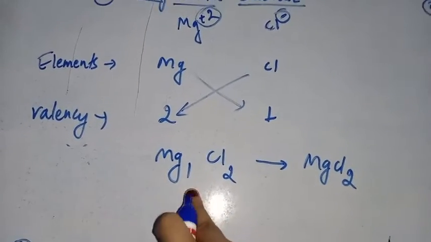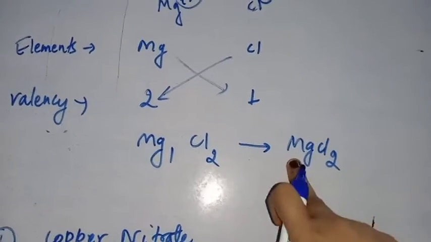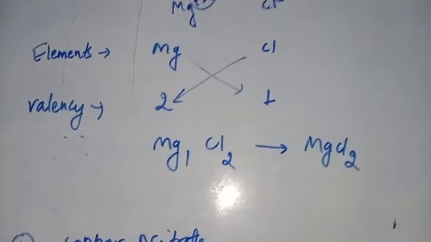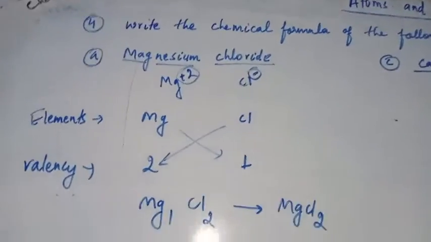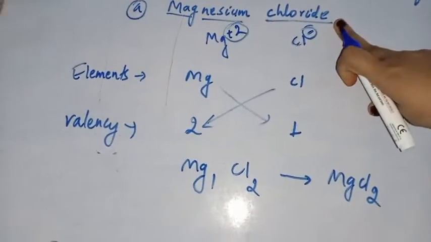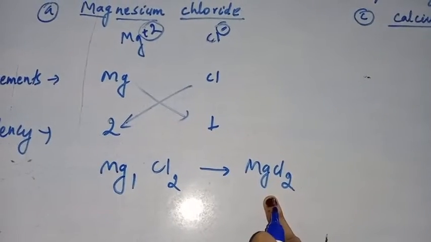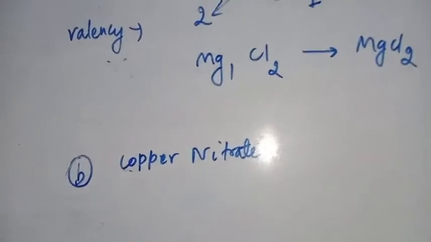We will ignore 1 here. Mg itself shows there is 1 atom, so there is no need to show 1 here. So we have predicted the chemical formula of magnesium chloride, which is MgCl2.